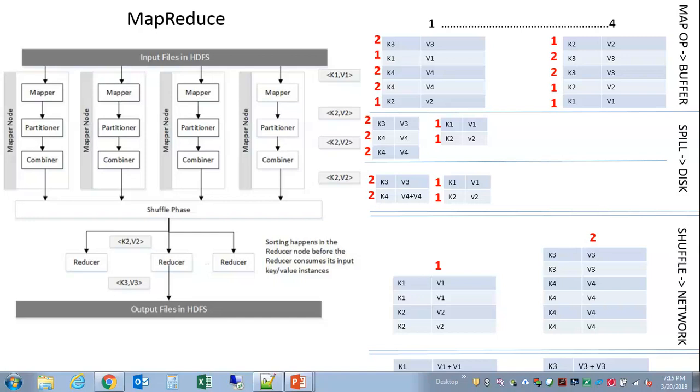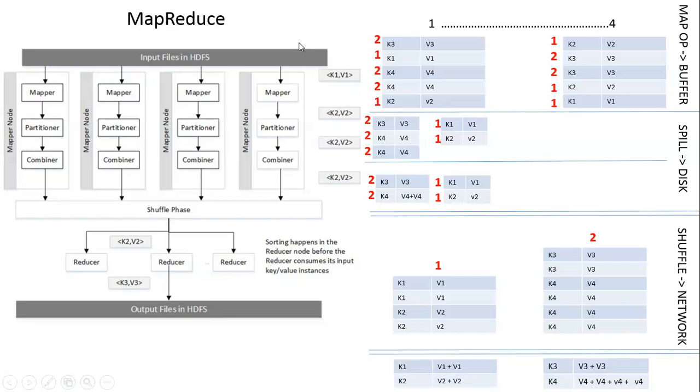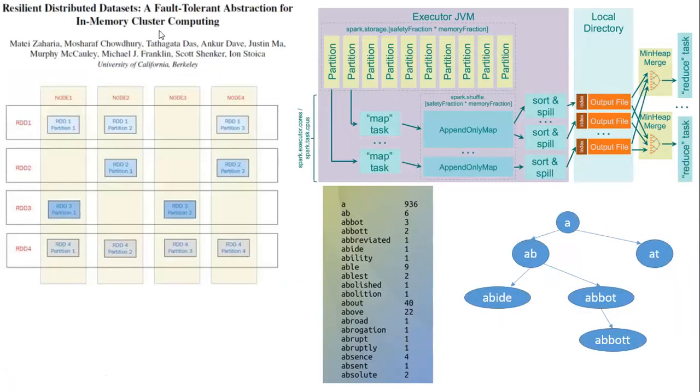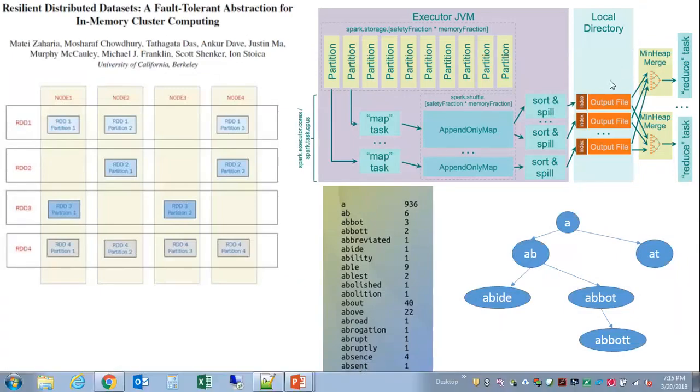So we come now to Spark. You may already know that the initial work on Spark was done at UC Berkeley, and this is the title of the paper published by the creators of Spark: Resilient Distributed Datasets, a Fault-Tolerant Abstraction for In-Memory Cluster Computing.